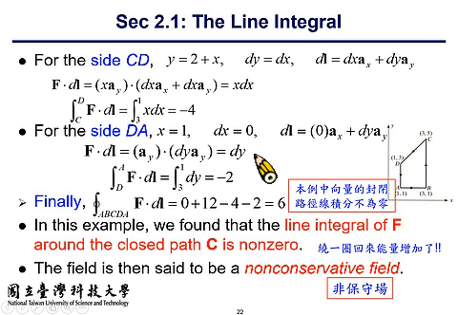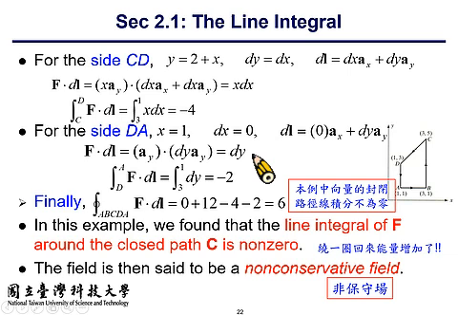So if the closed loop integral is 0, then the field that your charge is moving in can be a so-called conservative field. However, for this case, we see the closed loop integral is non-zero.